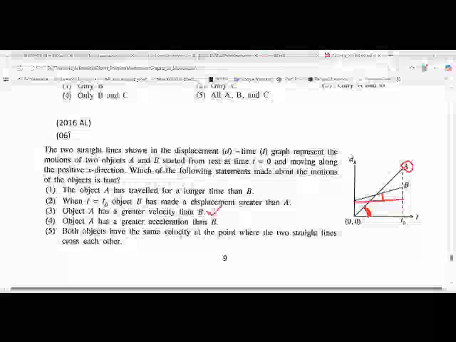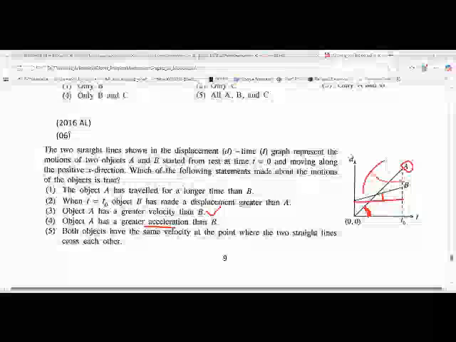Then you don't need to worry about the other answers. If you find the correct answer, you can mark it. If you want, you can read the other ones. They are talking about acceleration. Then we can't find acceleration here. If it has acceleration, that graph should be curved. Okay.